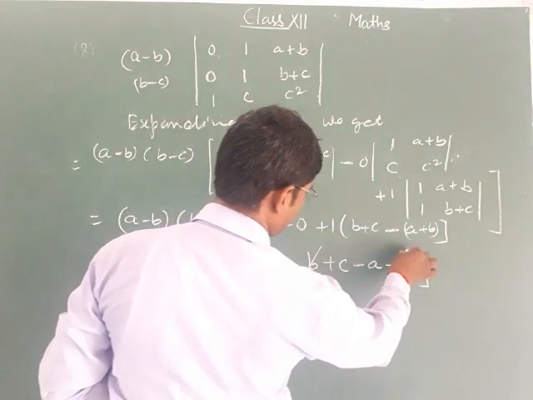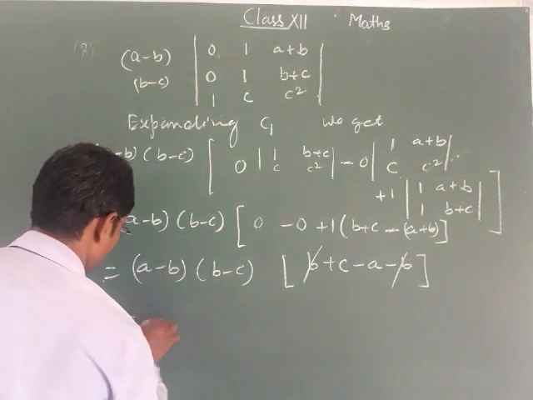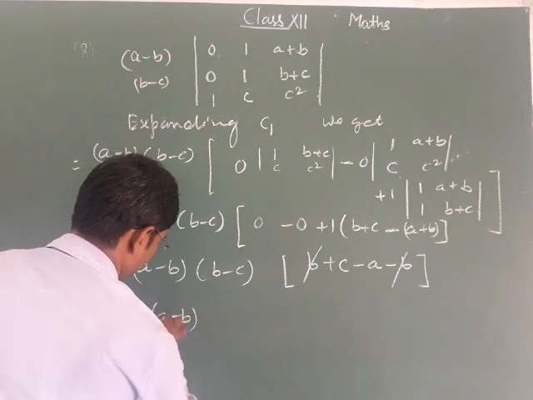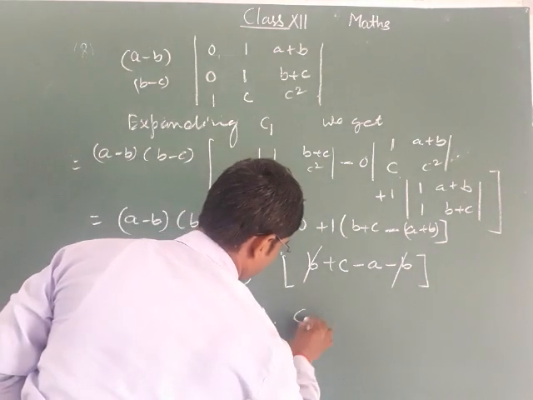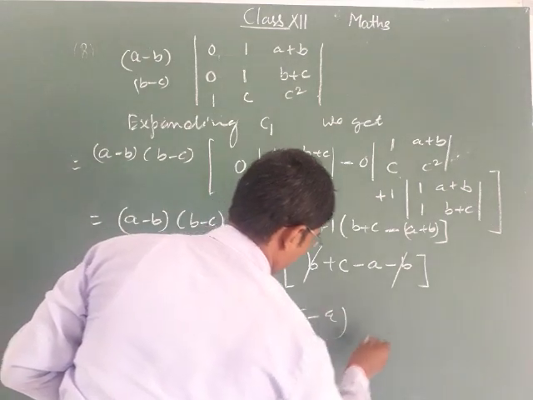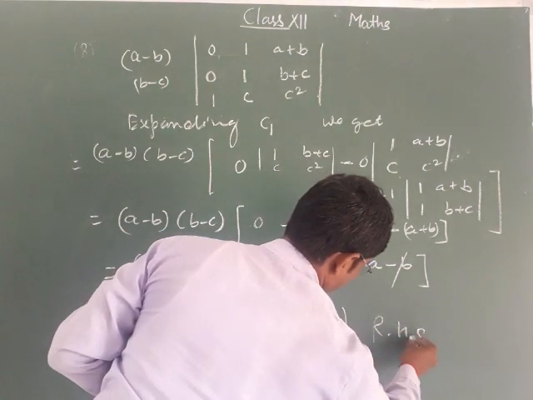So b cancels out. So we get (a minus b)(b minus c)(c minus a). This is the RHS. That's all.